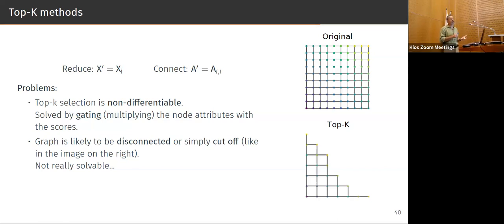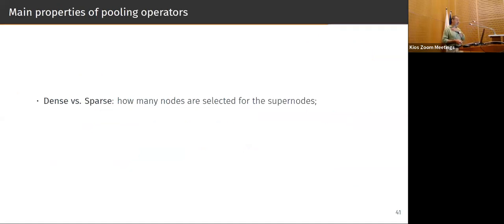The literature tries, on one side, to impose that you want to learn something, and on the other side, the methods try not to have dense topologies. So you want your final graph to be as sparse as possible, and they do that through different methods.